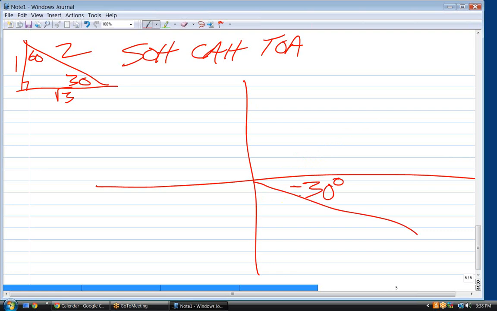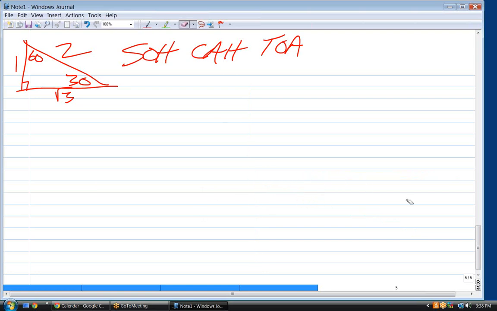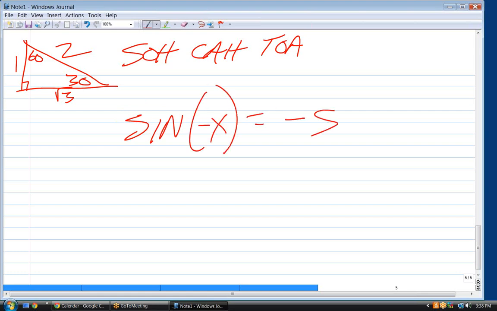So would it be the same but negative? Yes. Well, it depends on the function. In other words, trig functions are odd or even. Sine is odd. Cosine is even.